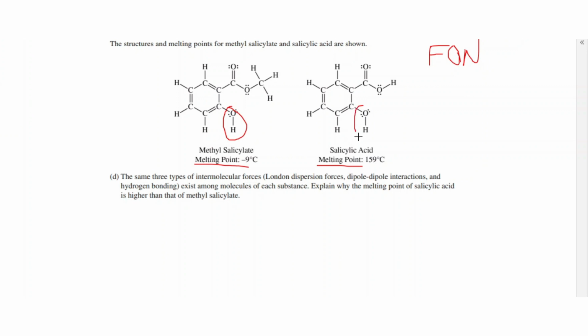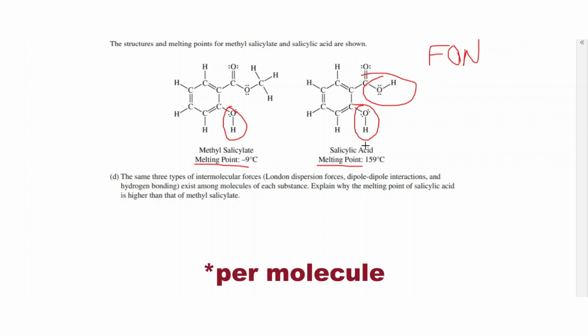It's because it has the opportunity to form more hydrogen bonds. And that is why the melting point is so much higher, because obviously more hydrogen bonds means stronger intermolecular forces, meaning it's going to be harder to break these bonds. So that is how you would explain this one.